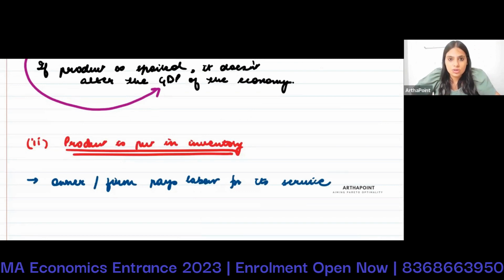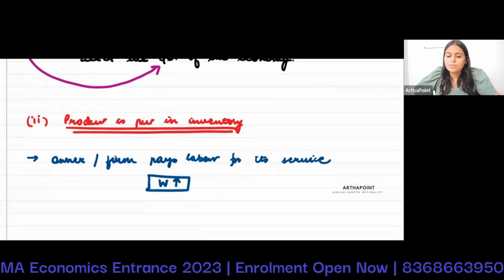So if I look into it, wage is for sure increasing. This is for sure. Nothing is happening to the profit of the firm currently. The product is still with the firm. It could not sell it currently, but it may be able to sell that in the future.